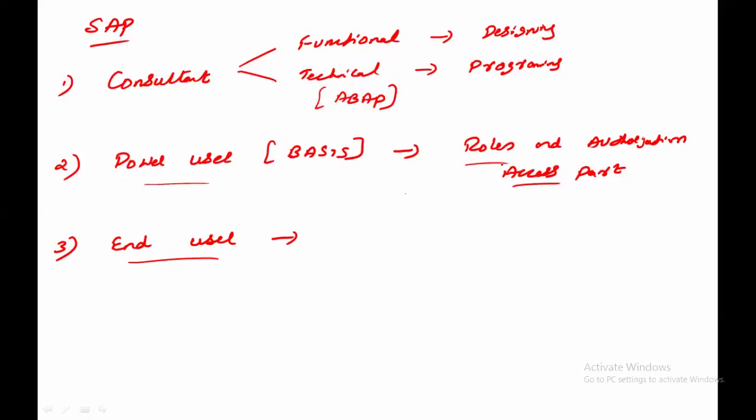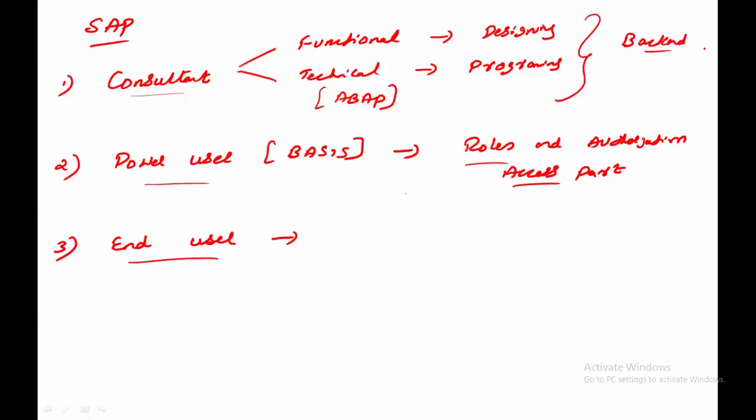The system has been designed in such a way that the end user can use the system easily. It is user friendly. So the end user is using the system. The power user is going to decide what access a user should have. The consultant is going to design the system in the backend.